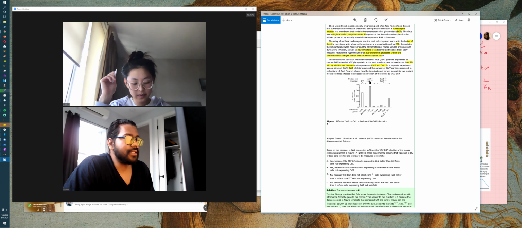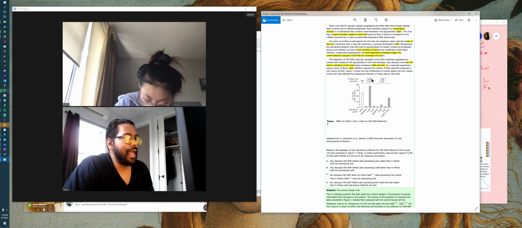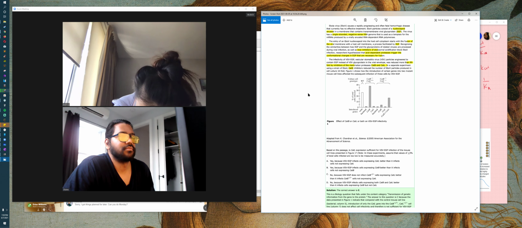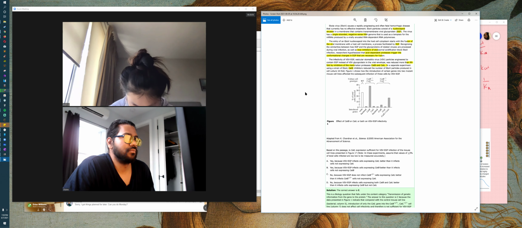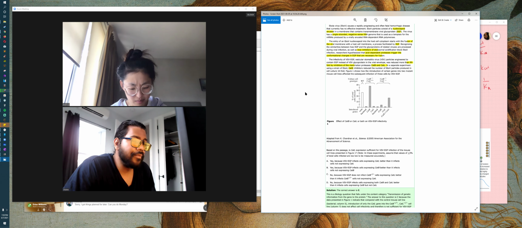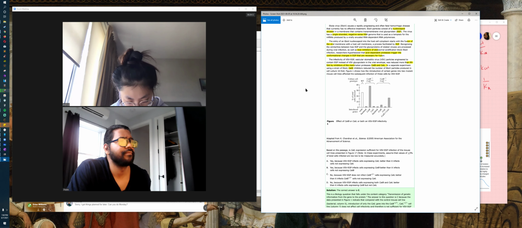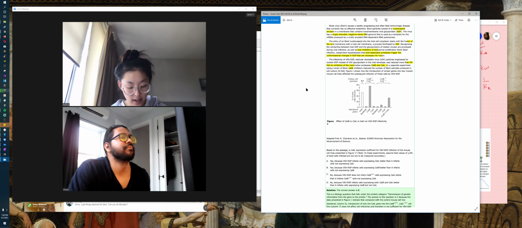That just means these are mutants that don't have the ability to make cat B, but have the ability to make cat L. So they made the cell so that it's unable to make cat B, but it can make cat L, right?